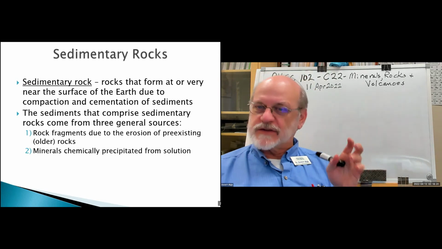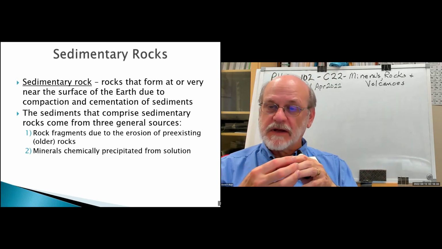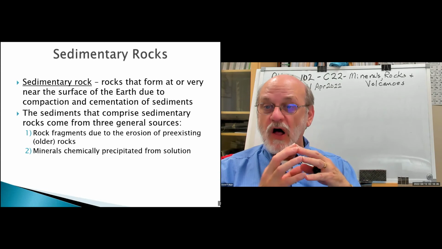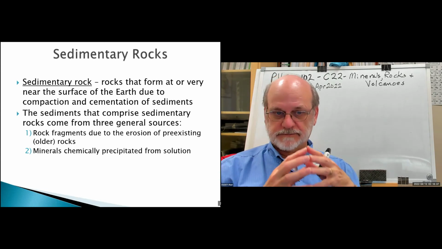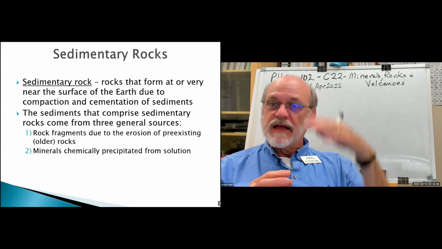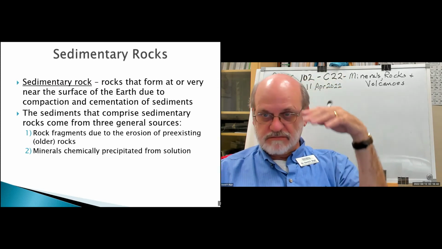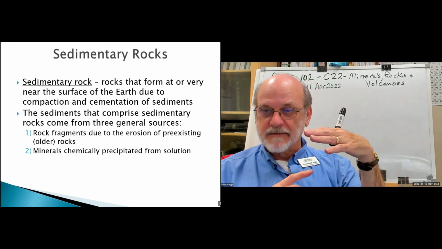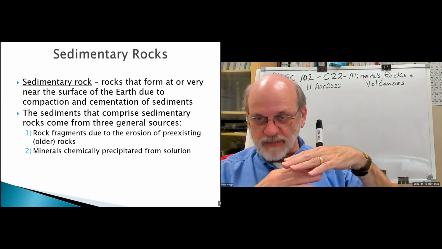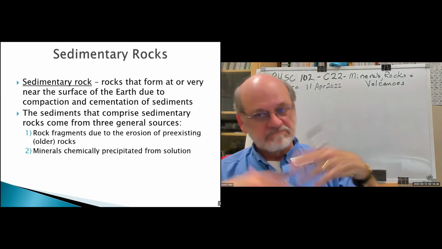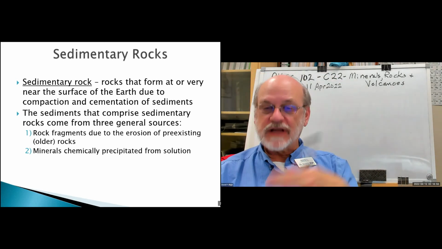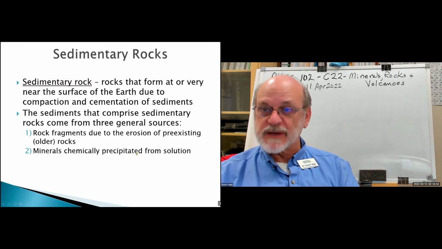And they behave in such a way that when they combine, they no longer dissolve in the water. Then they precipitate. They fall out as a solid. And if that happens, then they settle to the bottom and they build up layers, and you have compaction and cementation of those precipitates.